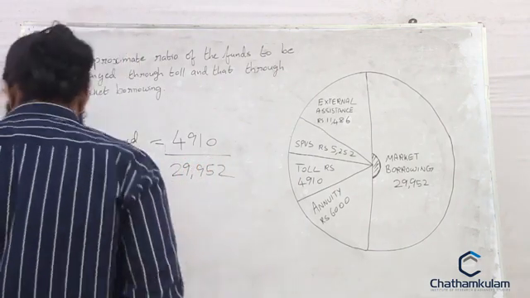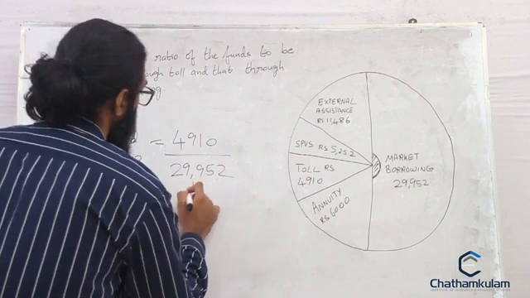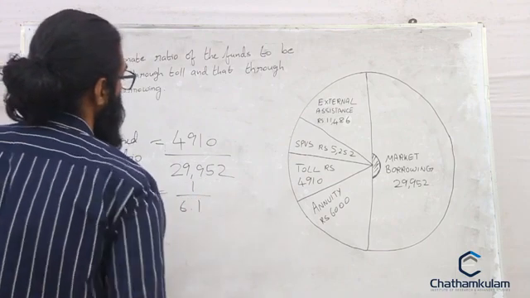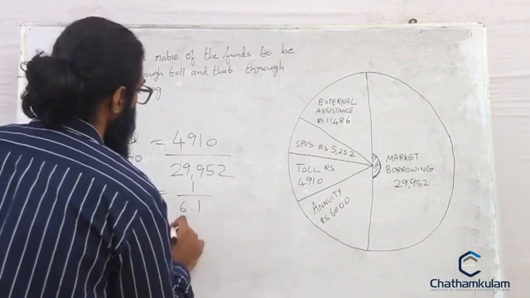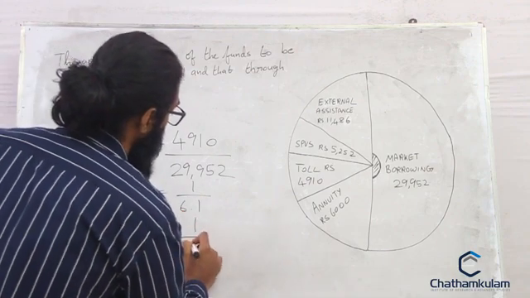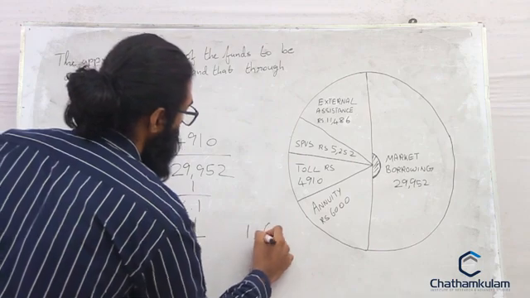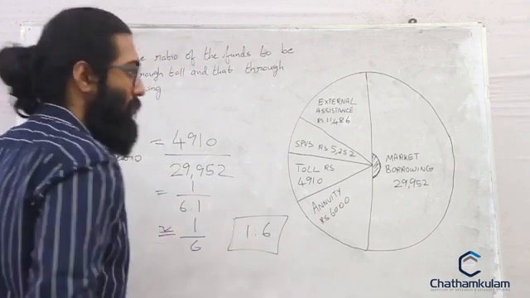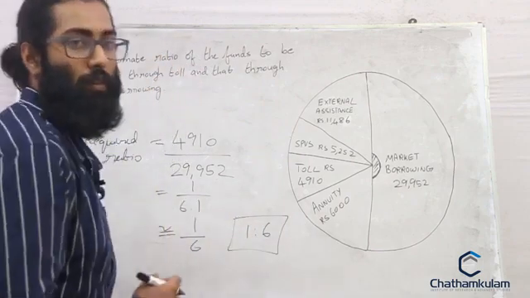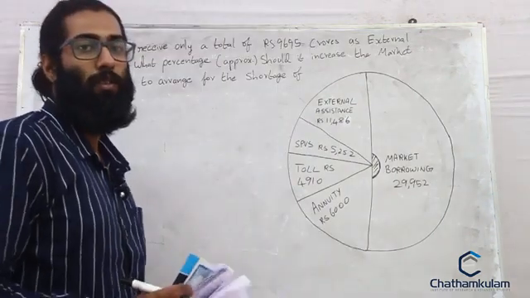So the ratio we get it as 1 divided by 6.1. So approximately we can write this as 1 divided by 6. That is, the ratio will be 1:6. So this would be the ratio of the following. Look into the next question.